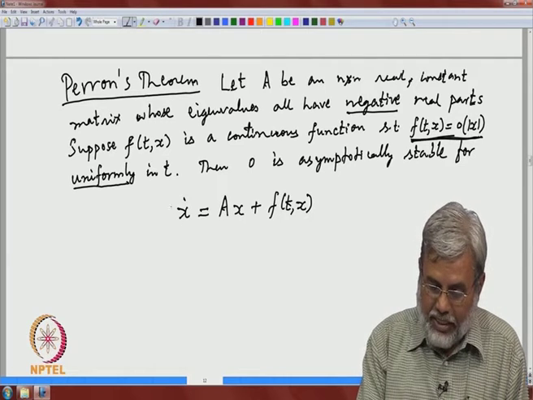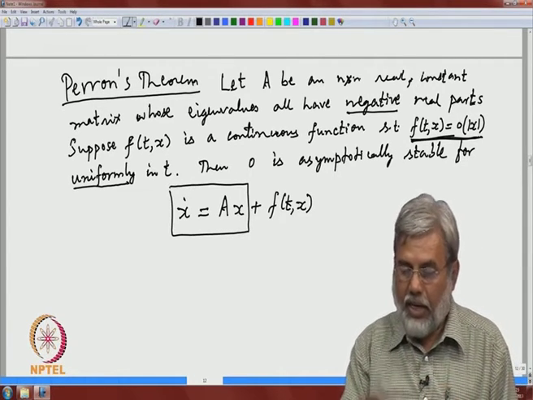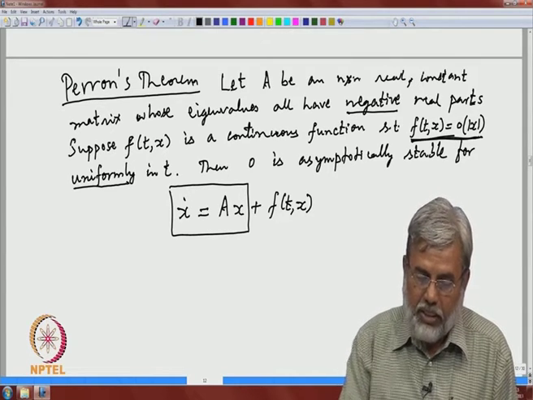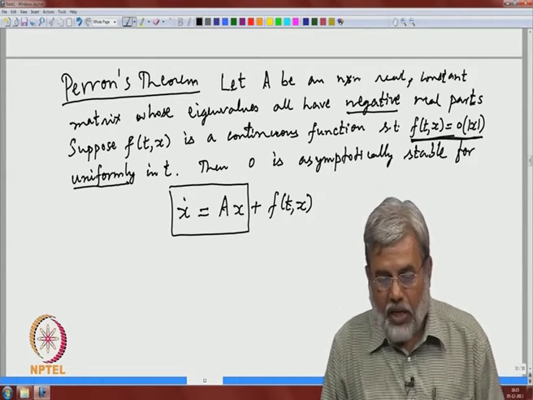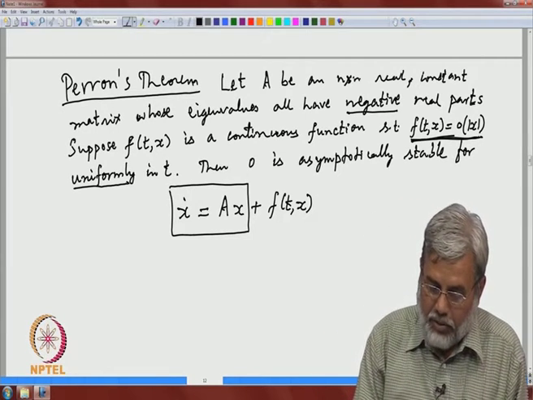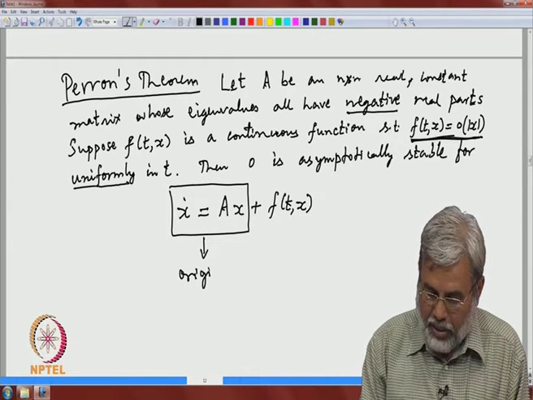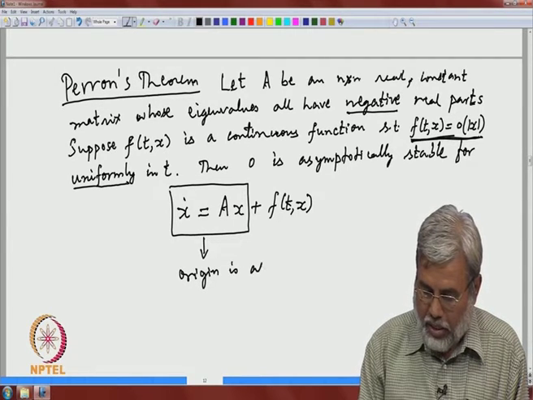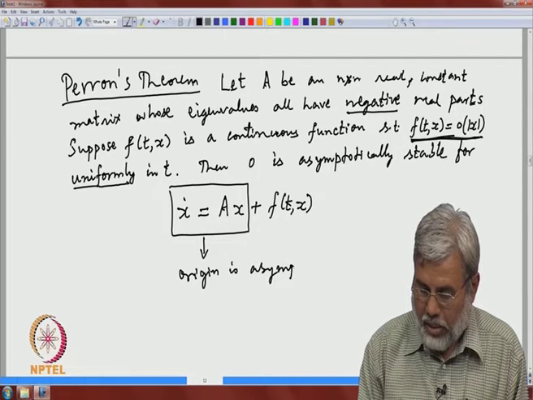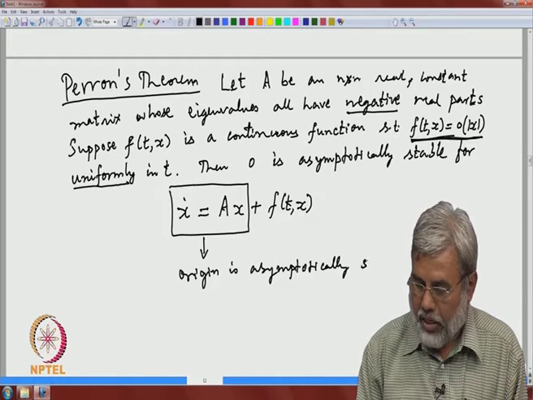If you consider the linear part and the hypothesis that the eigenvalues of the given matrix all have negative real parts, here the origin is asymptotically stable. Okay.